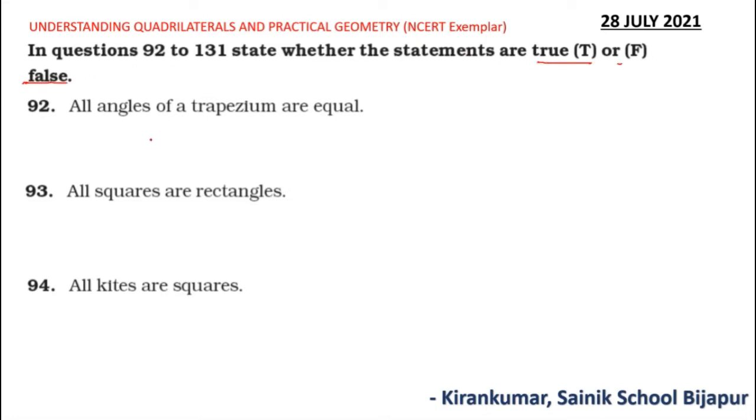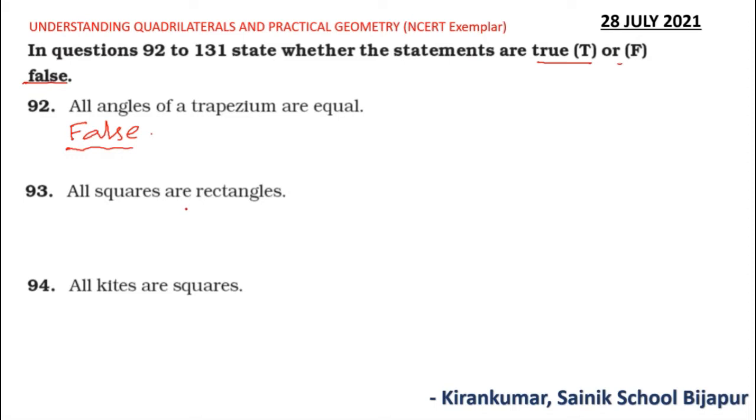Question 92. All angles of a trapezium are equal. This statement is false. All the angles will not be equal in a trapezium, because 2 of the angles are obtuse and 2 of the angles will be acute. They'll never be equal.